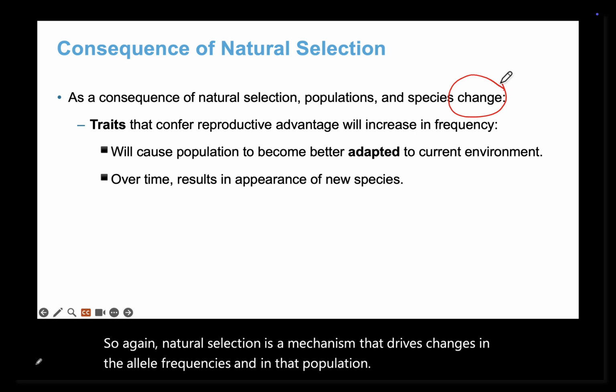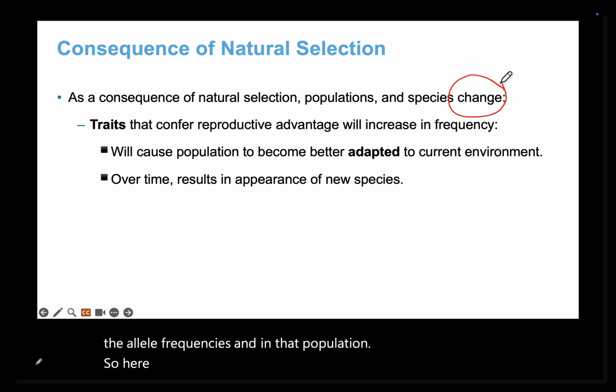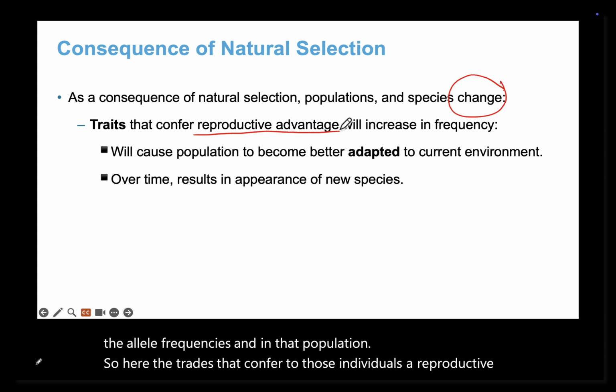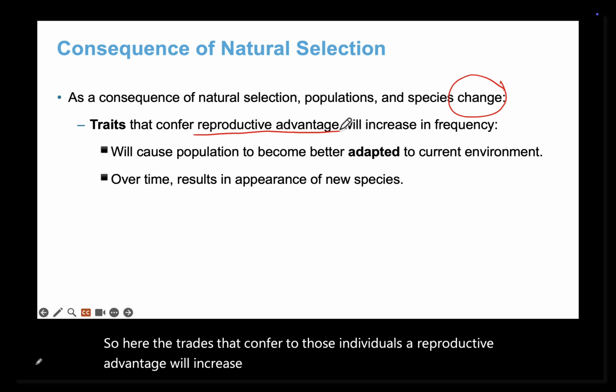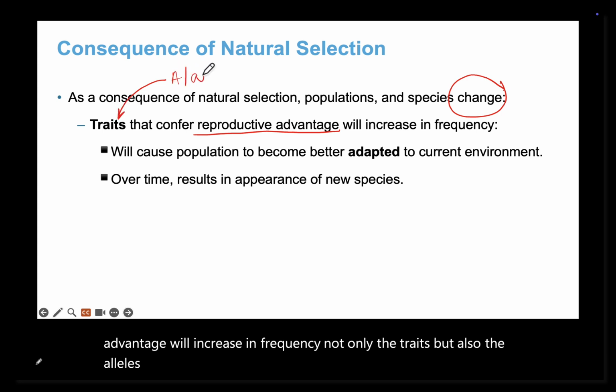So here, the traits that confer to those individuals a reproductive advantage will increase in frequency, not only the traits, but also the alleles associated with that trait.